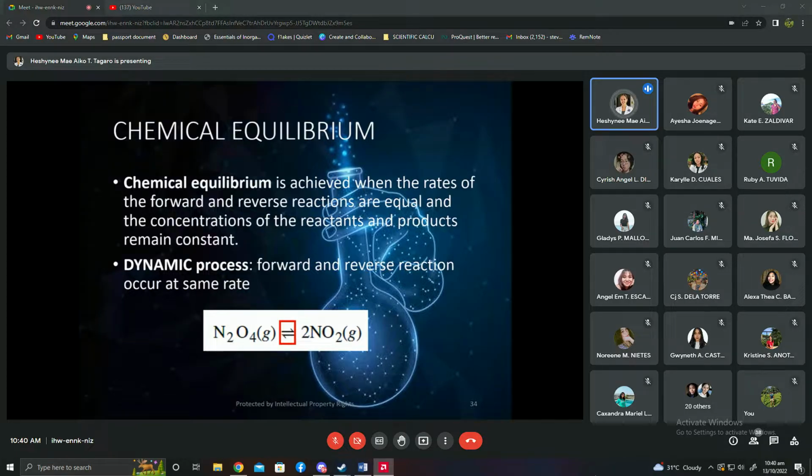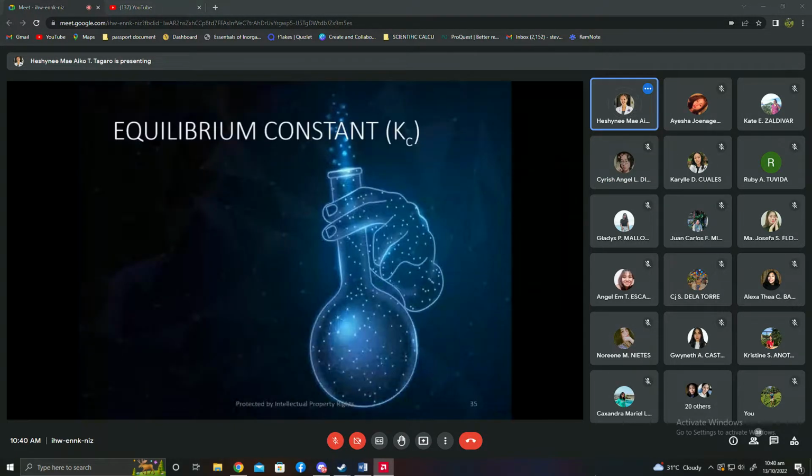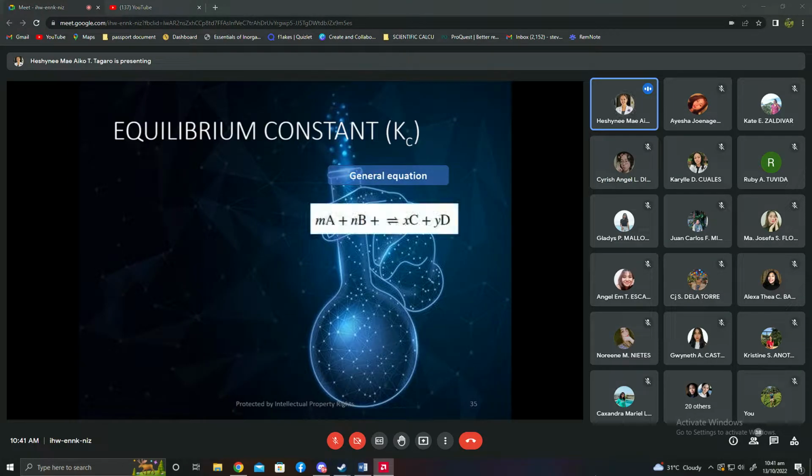All right, let's proceed. Now that we have a symbol to designate reversible reactions, we will need a way to express mathematically how the amounts of reactants and products affect the equilibrium of the system. A general equation for a reversible reaction may be written as shown on the slide. Here we have a balanced chemical equation.